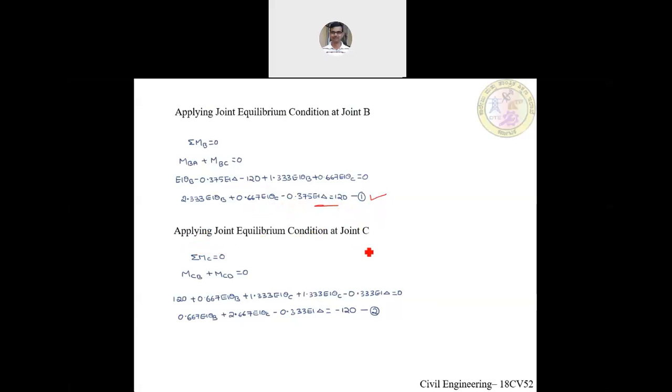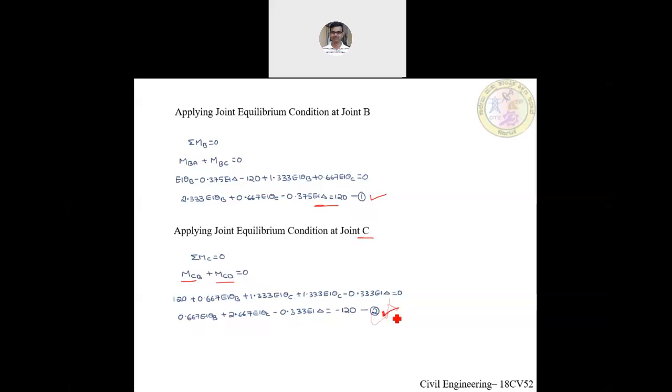Similarly, we'll apply joint equilibrium at C, so that the summation of moment at C equal to 0: MCB and MCD, the summation of these two, is equal to 0. Substituting the values of MCB and MCD, we get 0.667 EI theta B plus 2.667 EI theta C minus 0.333 EI delta is equal to minus 120. So we are calling this equation 2.